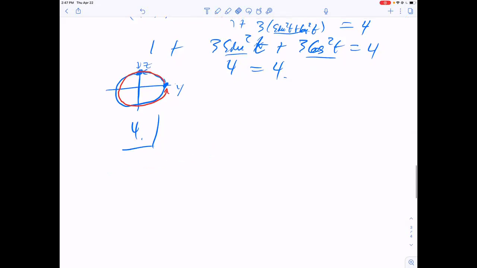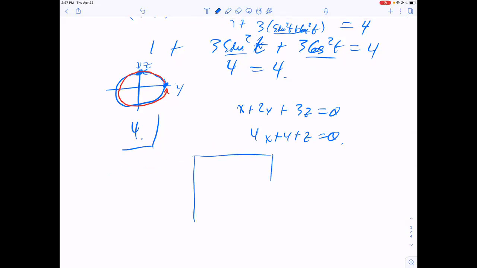Okay, so we want to find the intersection of the planes x plus 2y plus 3z equals 0 and 4x plus y plus z equals 0. Okay, so let's draw a picture. There's plane 1, and there is plane 2, and they don't intersect at a right angle.